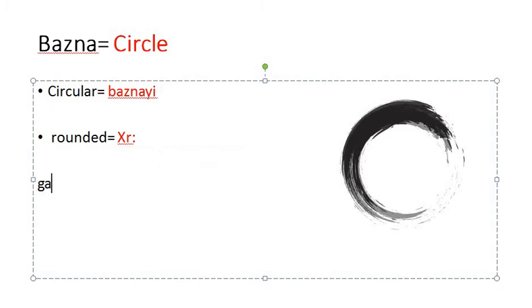You can also say sargora. Gora means big, so it means big head, go away. These are funny expressions you can use with friends. Okay, let's move on.